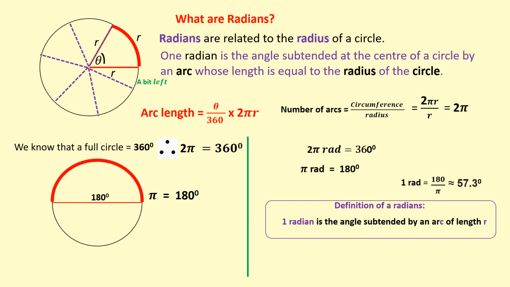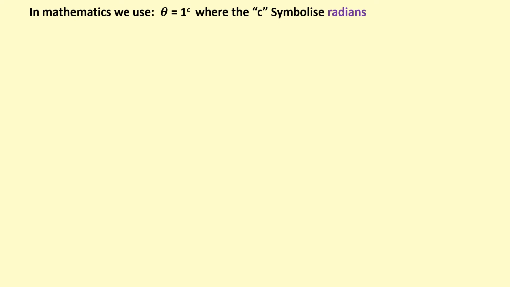Let's now define radians as a symbol rather than writing words like radians and rads. In mathematics we like to use a small raised c, where the c symbolizes radians. In the past students have said to me, well, why not r? Because that's easier to use.